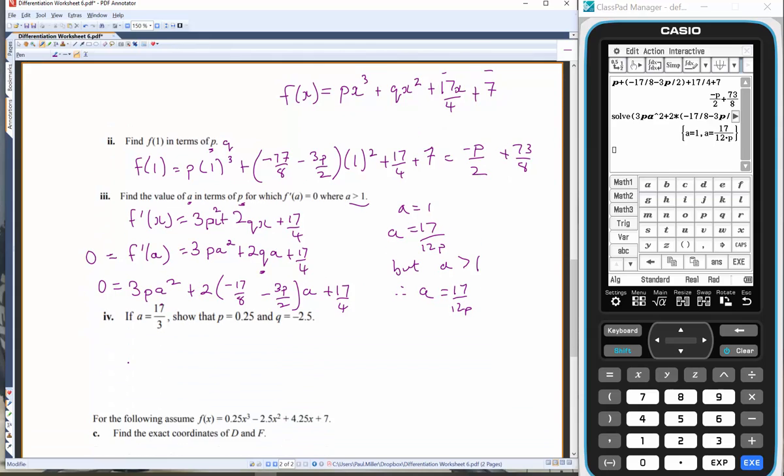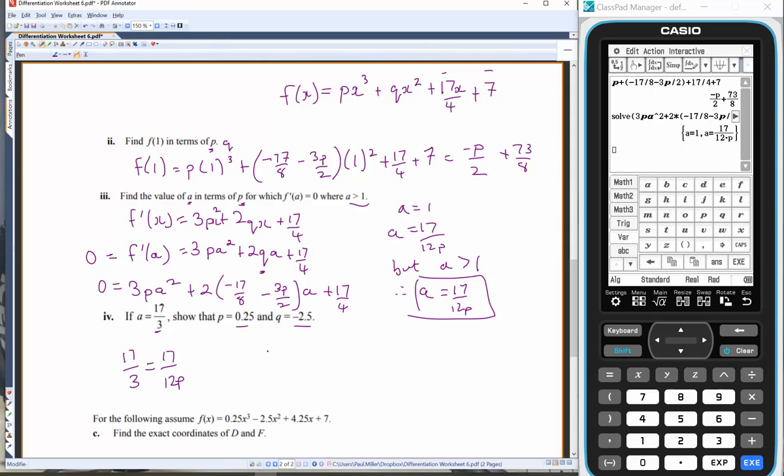If a is equal to 17 on 3, show that p is a quarter and q is negative 2.5. All right, so a is equal to 17 on 3. So I'm just going to replace a with 17 on 3 in 17 on 12p.